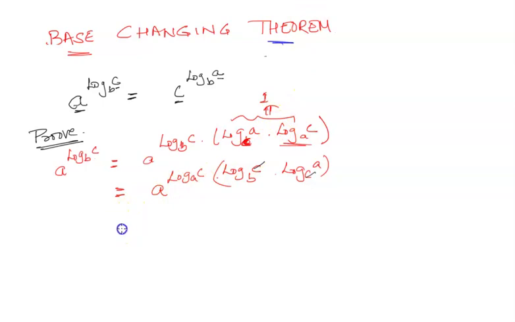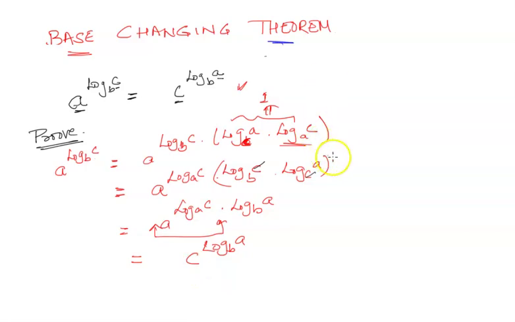So this will be nothing but a to the log c to the base a into log a to the base b. Now, what if we can say that this value is equivalent to c? Then we would prove this. Right, so we now only want to prove that this value is equivalent to c.